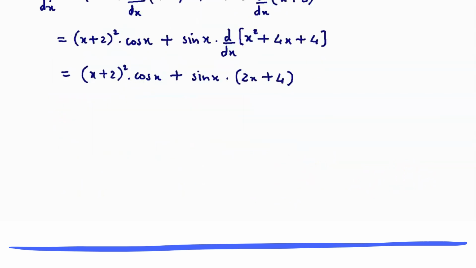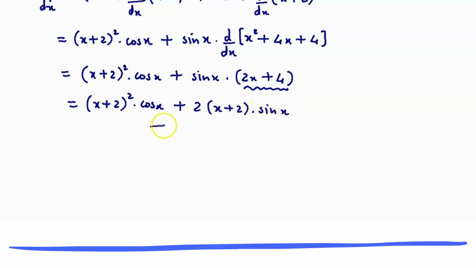Now rearranging the terms, this term we keep as it is, so x plus 2 the whole square into cos x plus, now taking 2 as the common factor from this term, we have 2 times x plus 2 into sin x. So this is the value for dy by dx.